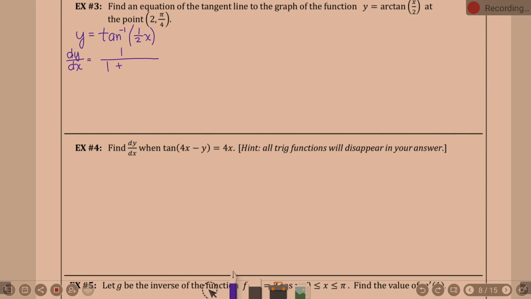Okay, 1 plus u squared, so 1 plus 1/2 x squared times 1/2. Okay, so let's see. On top it's a 1. In my denominator, I guess I'm going to probably take a couple steps to do this. First of all, that 2 is going to be 2 times my entire denominator.